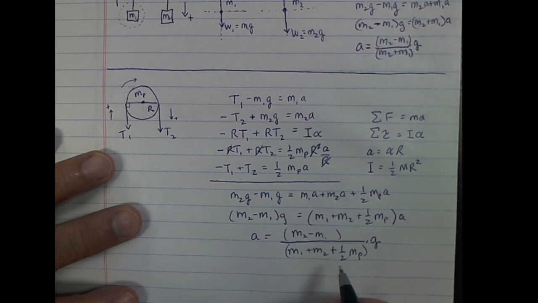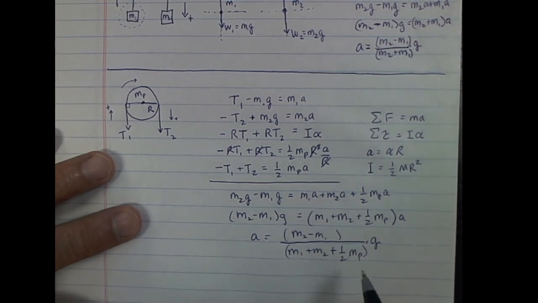If you increase the denominator, it makes the fraction smaller. So the acceleration of this system would now be less by that factor.